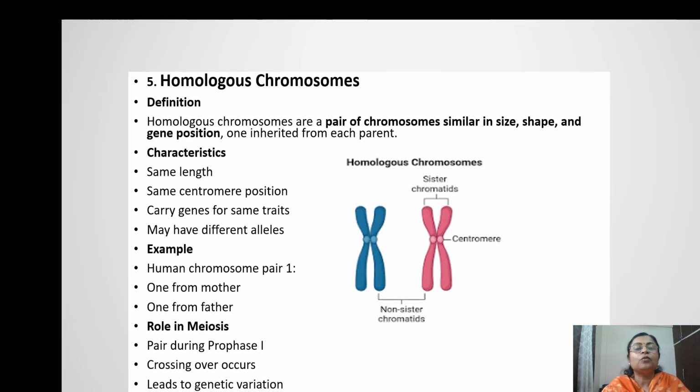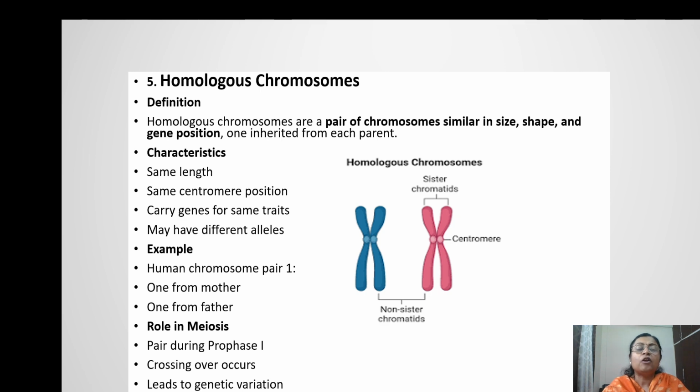Now turn towards homologous chromosomes. Homologous chromosomes are the pair of chromosomes which have similar size, similar shape, similar gene position, inherited from each parent.